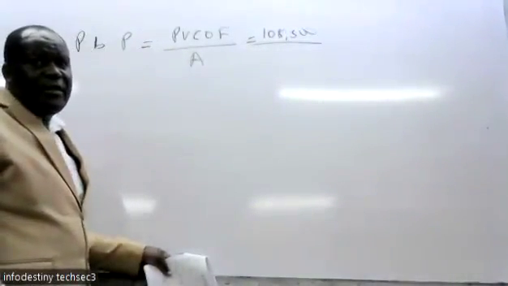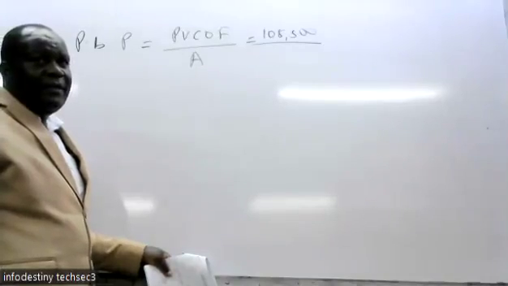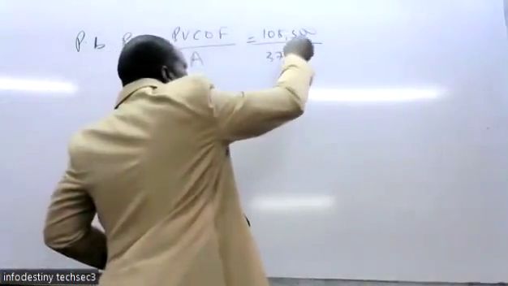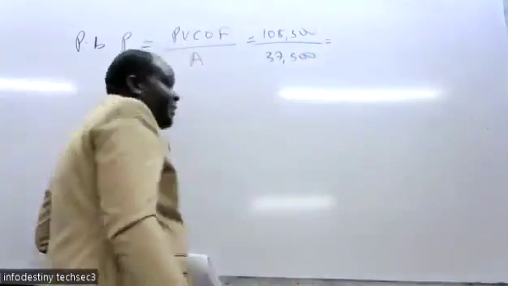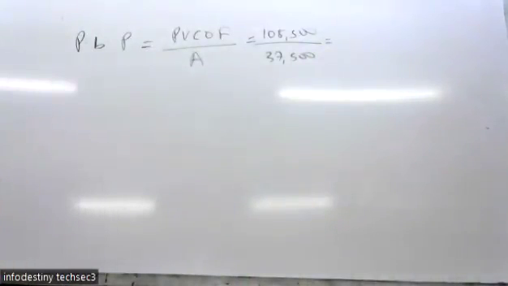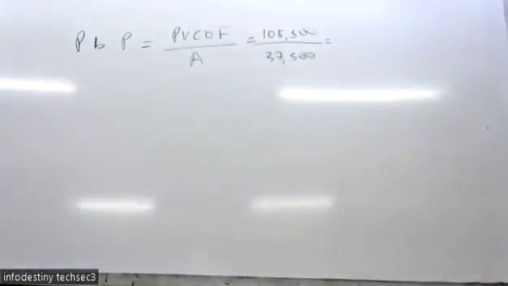We calculated annual cash inflows: 37,500. That will now give you the payback period. How many years are those? 2.89. Yes, that is now our payback period.